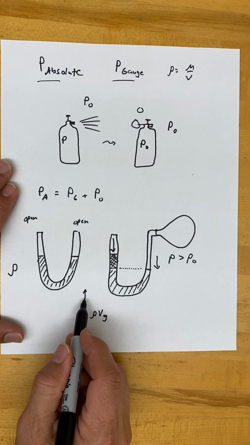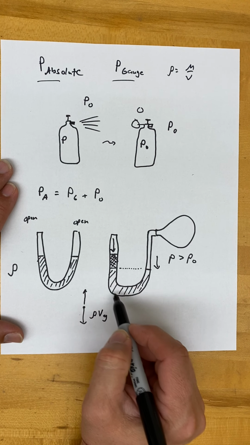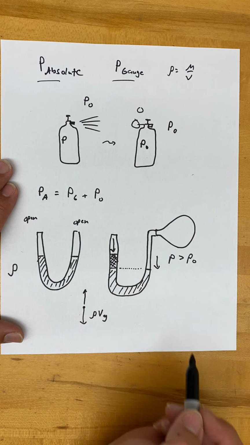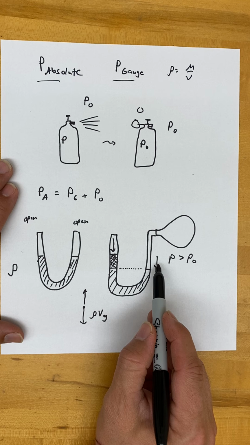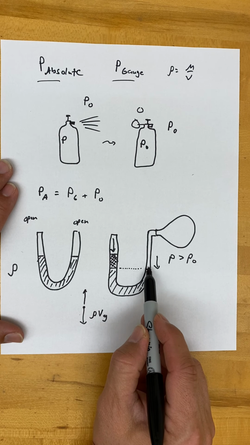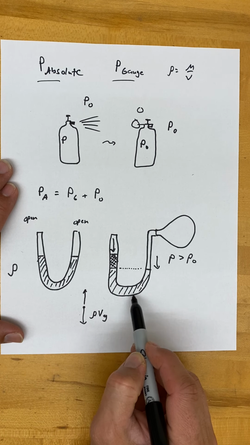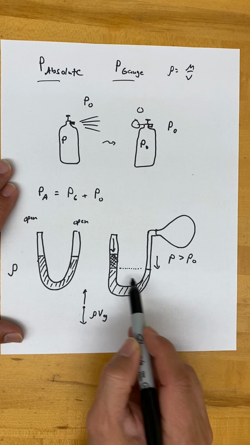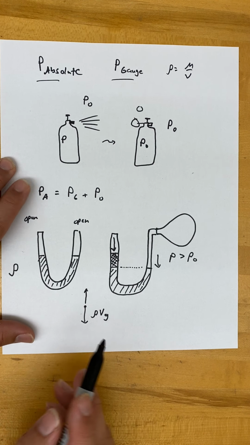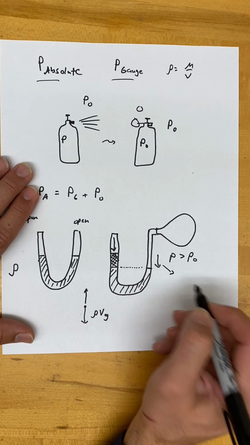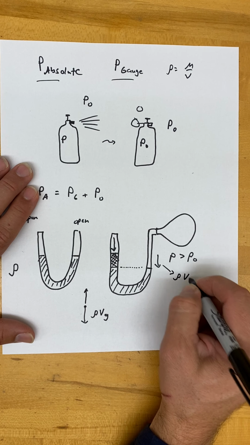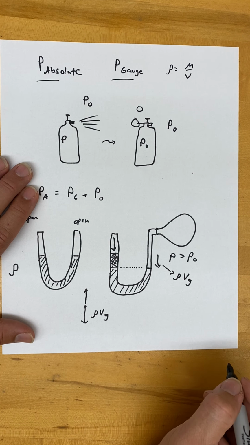Where does this force come from? Well, it is transmitted through the fluid from over here. So that has got to be the force acting down on this surface to push this amount of fluid up above that level. So now I can say that this force is rho VG.